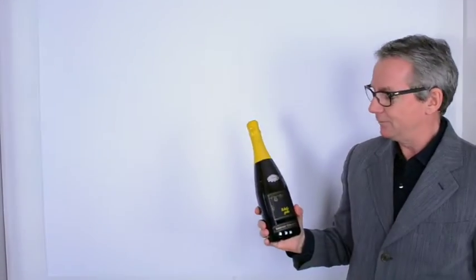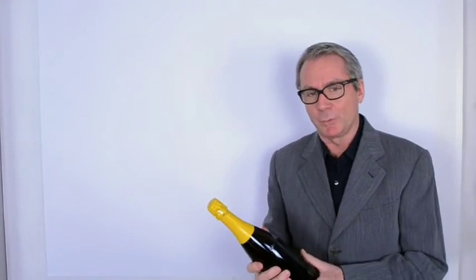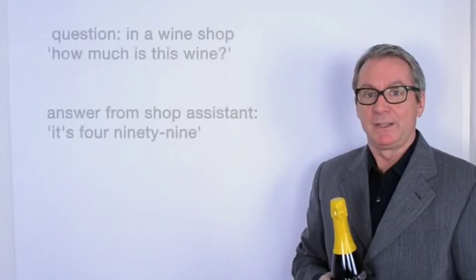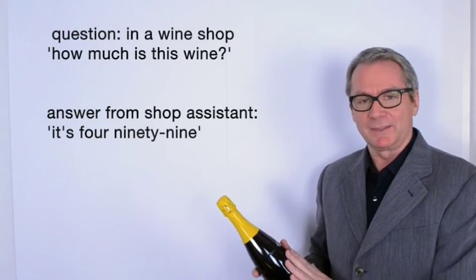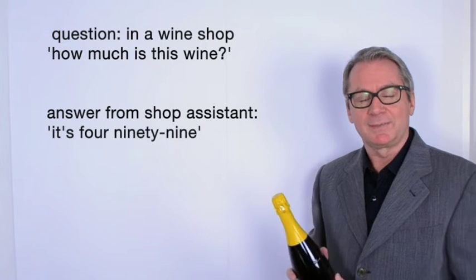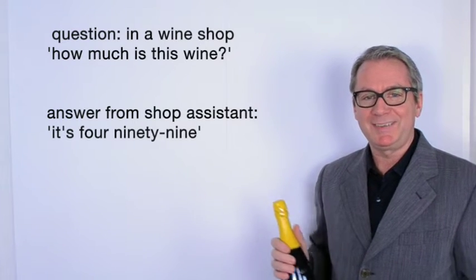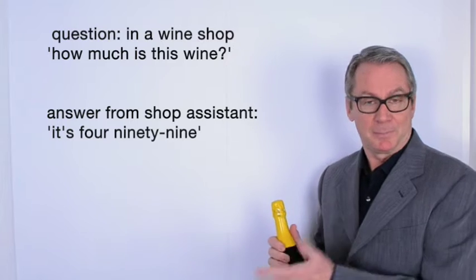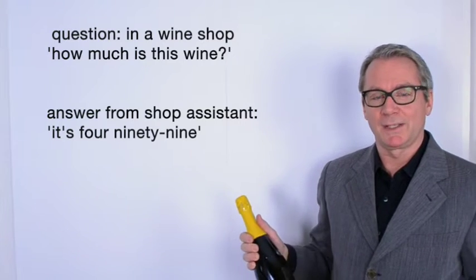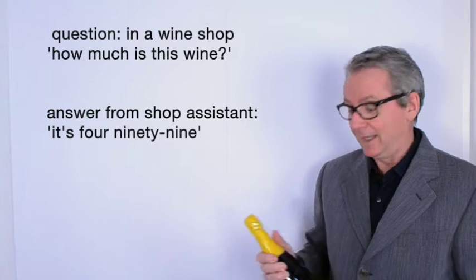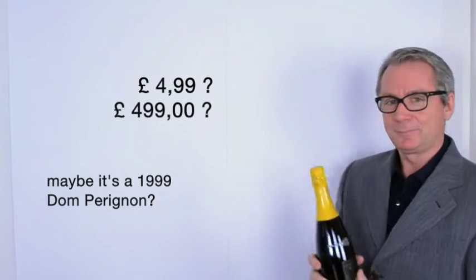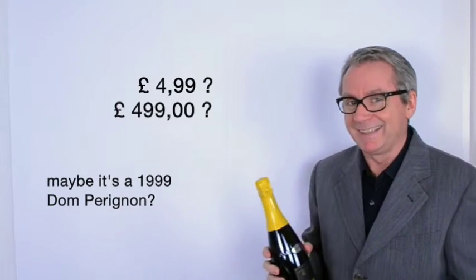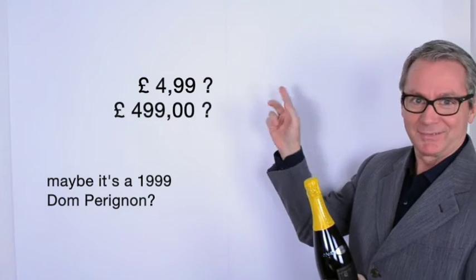Here's a bottle of wine, okay? You walk into a wine shop, you're in England, you could be in America, but let's say we're in England and you say, oh, I'd like this bottle of wine, how much is it? And the person in the shop says, it's £4.99. Now, that could be £4.99, but on the other hand, it could be £499.